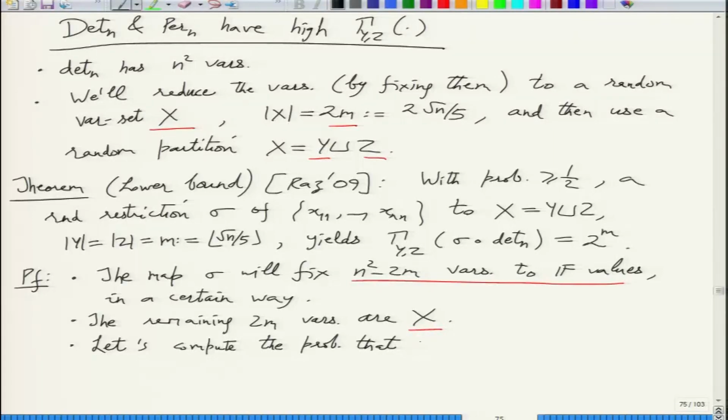So let's compute the probability that these variables x don't share a row or column.